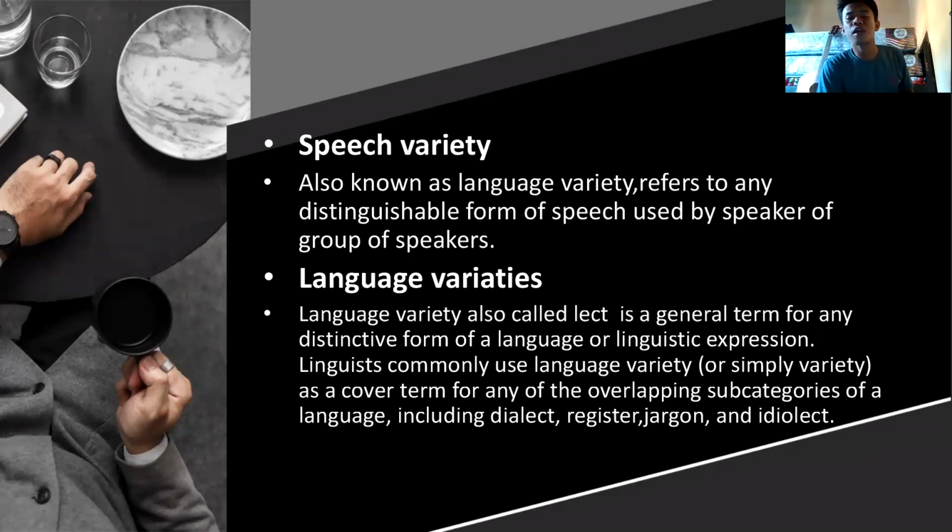Linguists commonly use language variety or simply variety as a cover term for any of the overlapping subcategories of a language, including dialect, register, jargon, and idiolect.